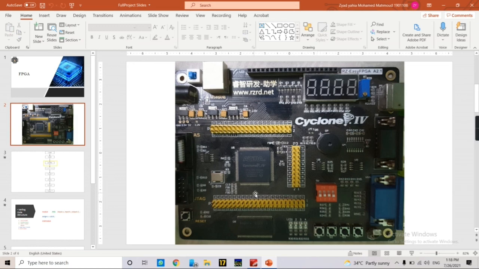It depends on the number of these pins and buttons, because this is the way you can input and output data from the outer world to the FPGA.